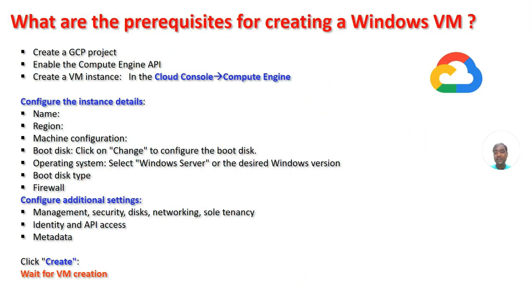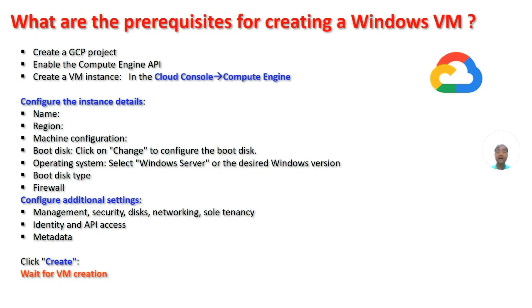Guys, as you can see here, these are the prerequisites for creating a new Windows VM or Windows server in Google Cloud Platform. You must have a valid Google Cloud Platform account to create and manage resources, including GCE instances. Within your GCP account, you need to create a project.